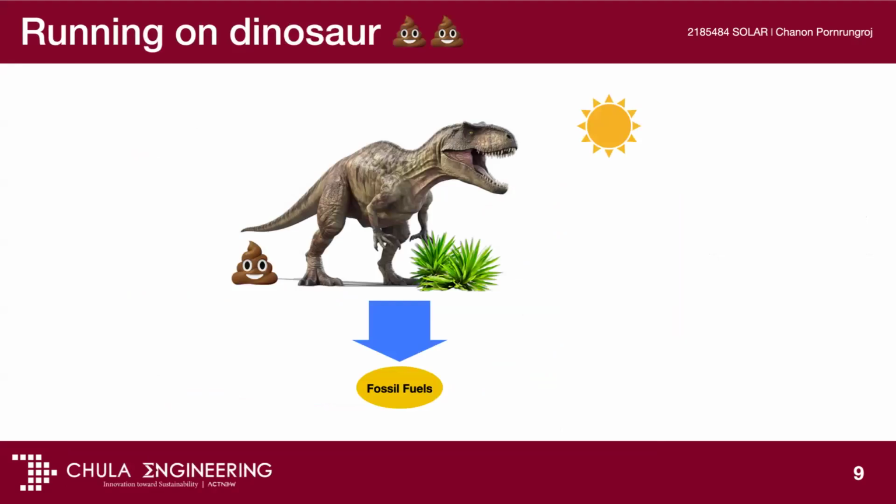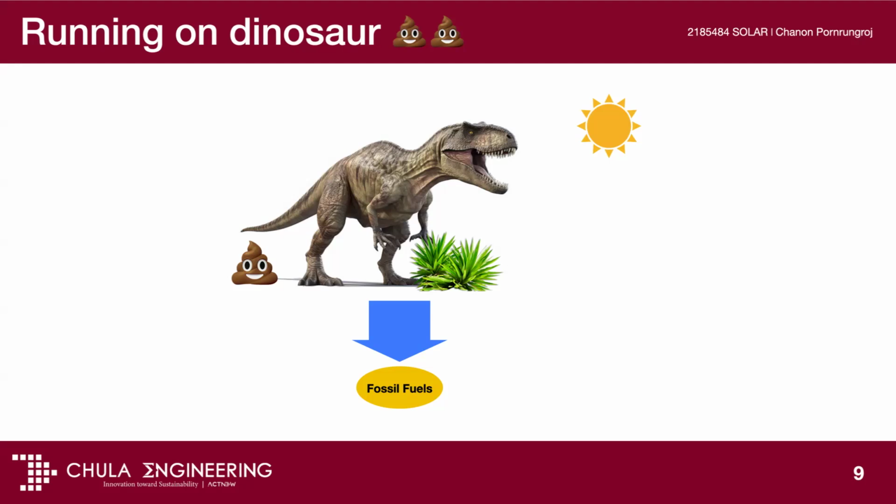So how can we, this is just an introduction, so I'm going to be speaking in a mostly broad sense. How can we convert solar energy into fuels, right? This is what our world has done over the past millions of years.